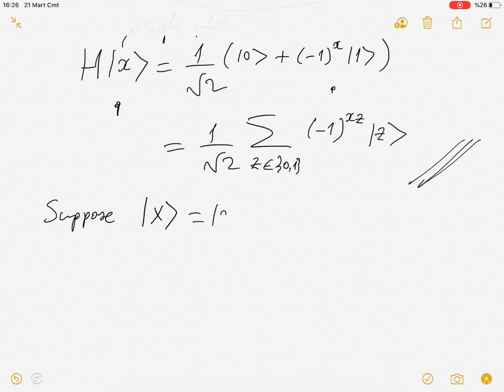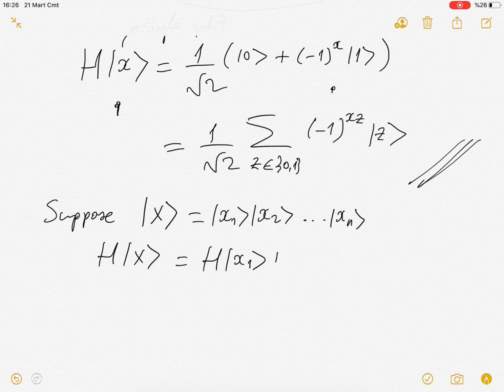This can be written as x1 tensor x2 up to xn. Now H of x is then H of x1 tensor H of x2 tensor H of xn.